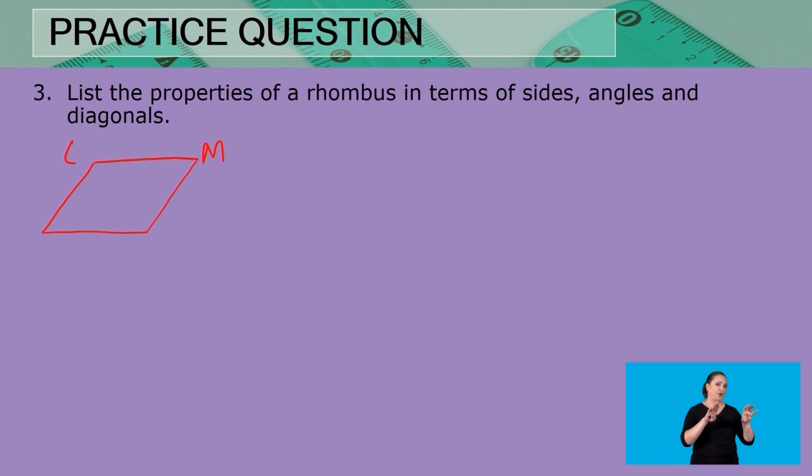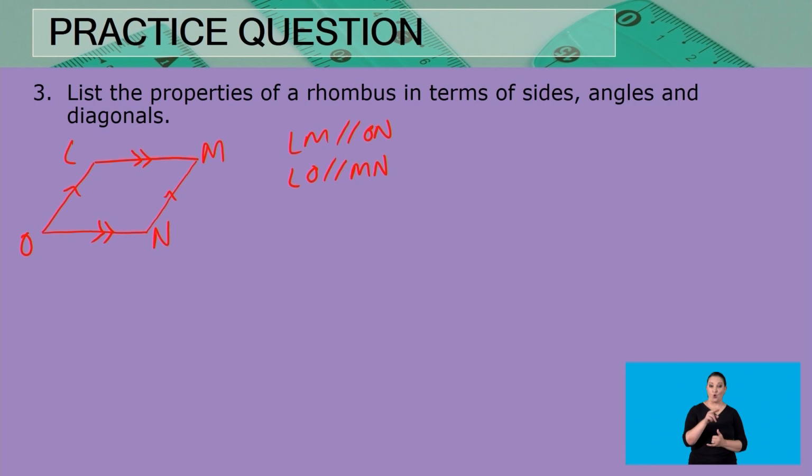So let's label our rhombus there. That would be LMNO. So all of those properties of a parallelogram apply to a rhombus. That is, the opposite sides are parallel. So LM is parallel to ON and LO is parallel to MN.